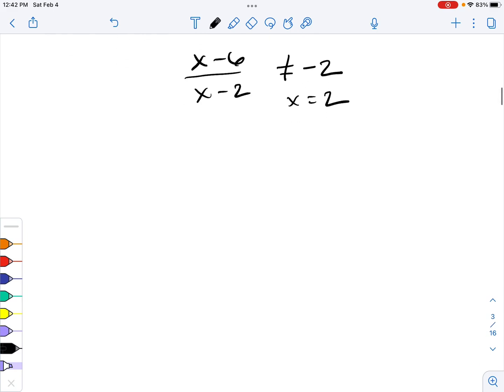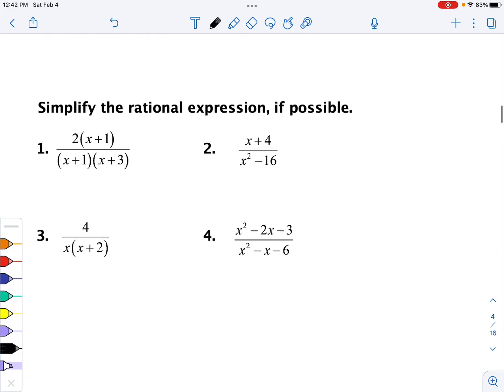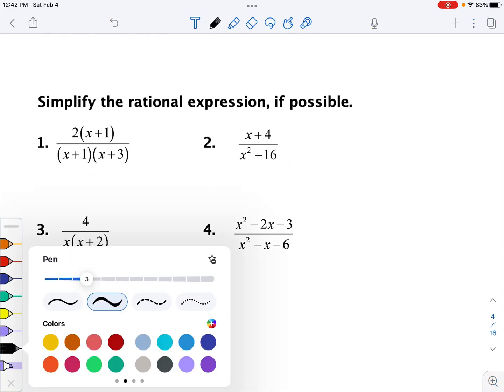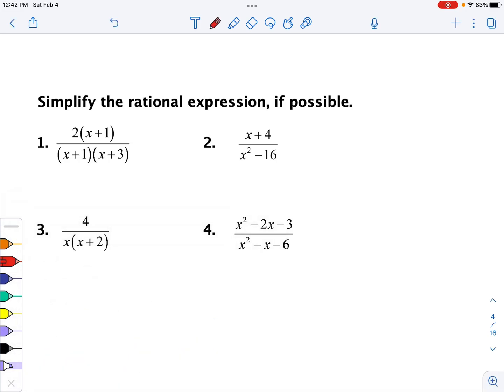Okay, let's move on. Do a couple more problems. These can be done pretty quickly. Number 1 is already factored for you. You see that those cancel out. The answer is going to be 2 over x plus 3, but you have to include the excluded value. So x cannot equal negative 1.